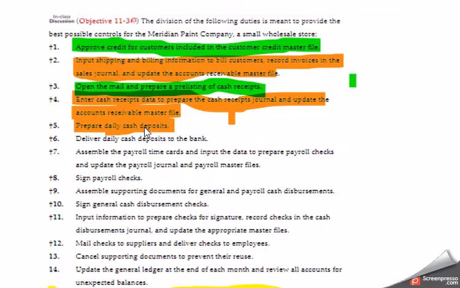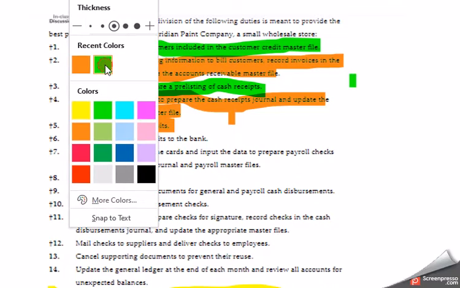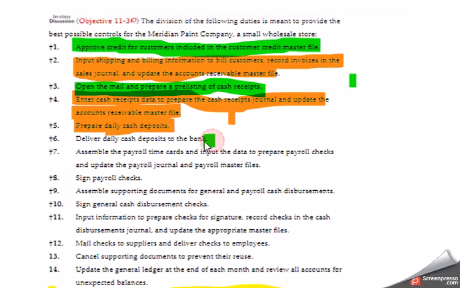Then the person who opened them should be the one taking them back to the bank. So the same person is touching those cash receipts: they opened them, they prepared the listing, and they're taking them to the bank. But the person doing the recording is the other person, so there's always that double check.